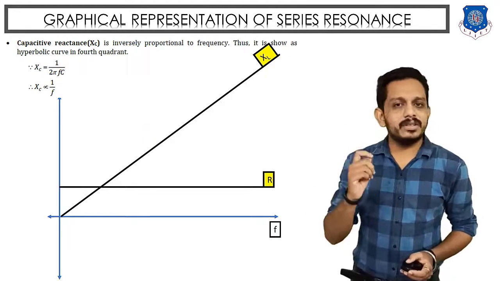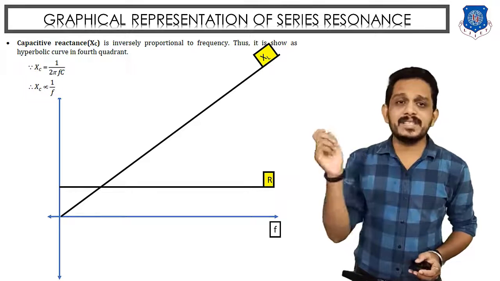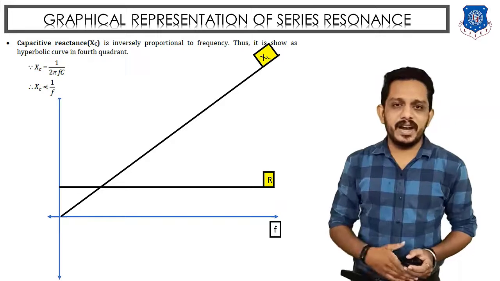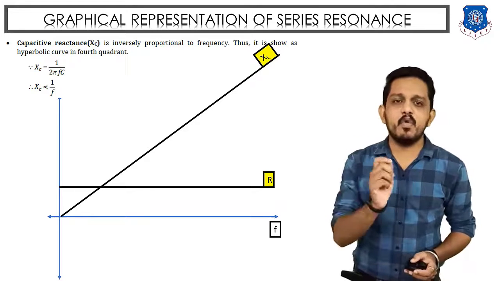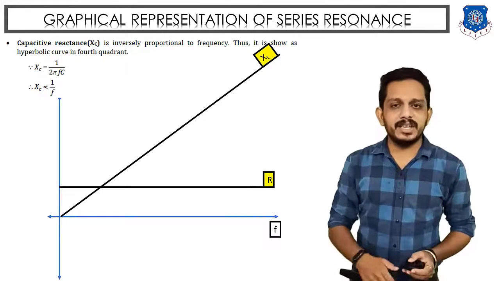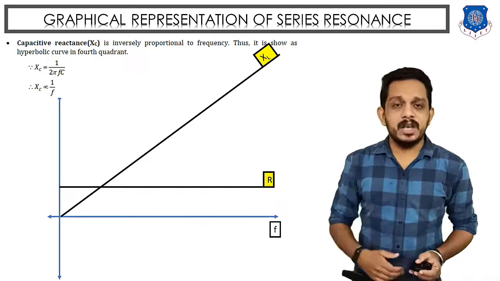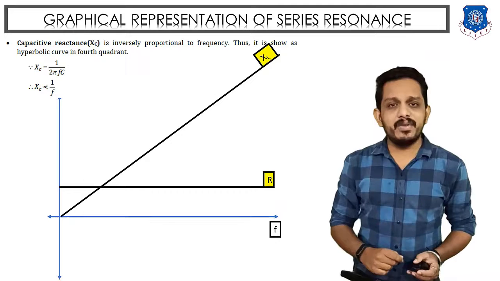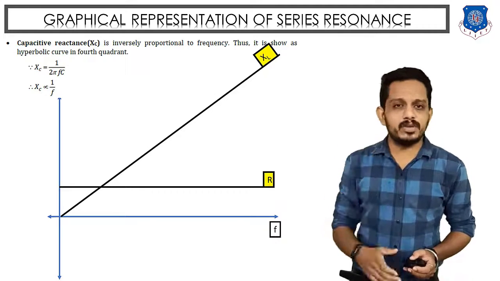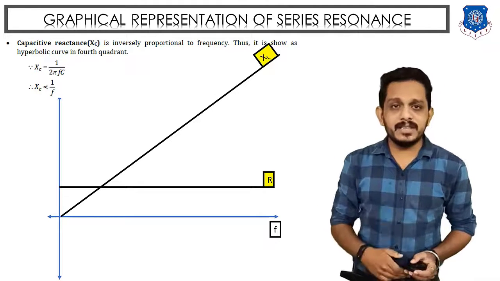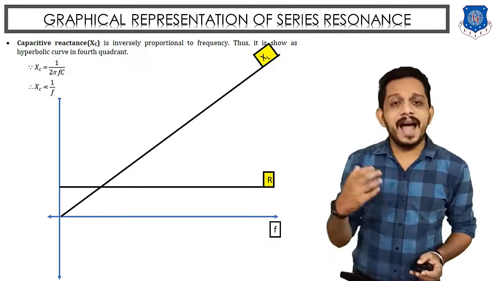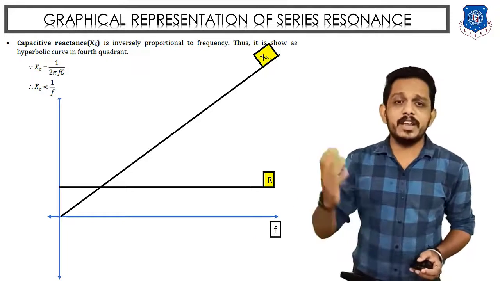Now let's draw the graph of XC, the capacitive reactance. We know the formula for capacitive reactance XC is equal to 1 upon omega C, or you can say 1 upon 2 pi fC. So from this equation we can say that XC is inversely proportional to frequency. That means if frequency is 0, then XC will have the highest value, or you can say it is infinite.